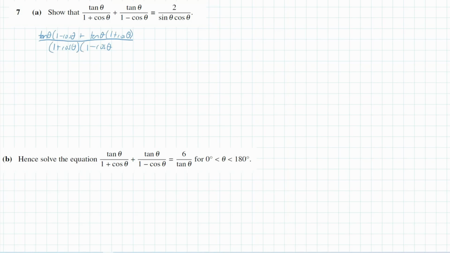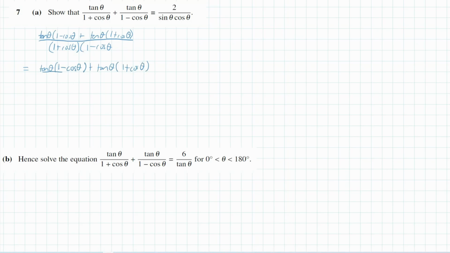My next line, I'm going to say, well, that is equivalent to tan theta into 1 minus cosine theta. So essentially, I'm just going to copy this first line and I'm going to work with the bottom for a moment or two.